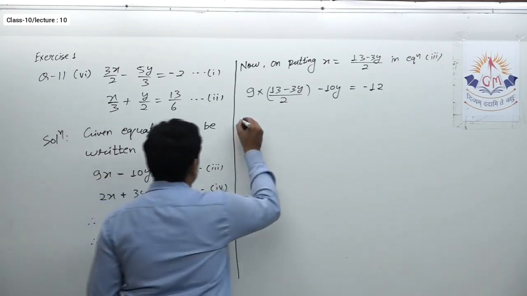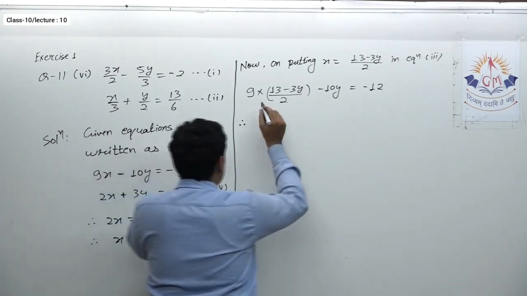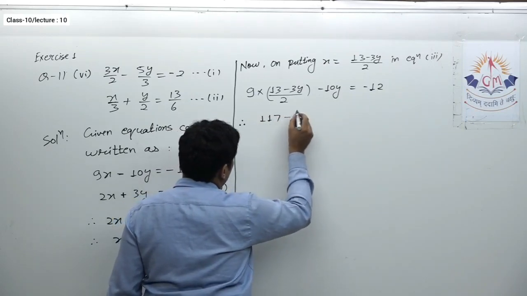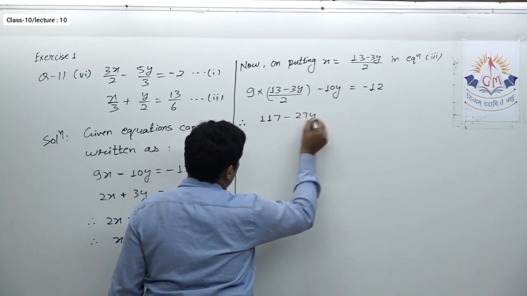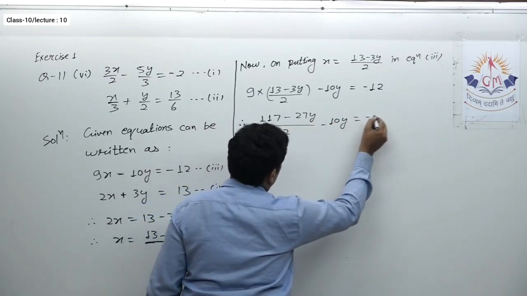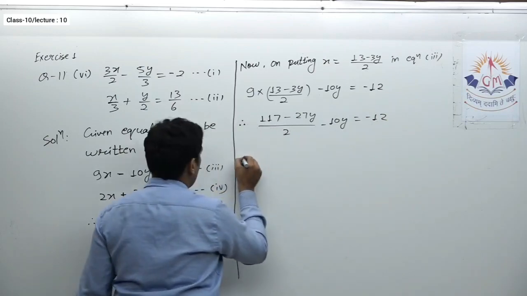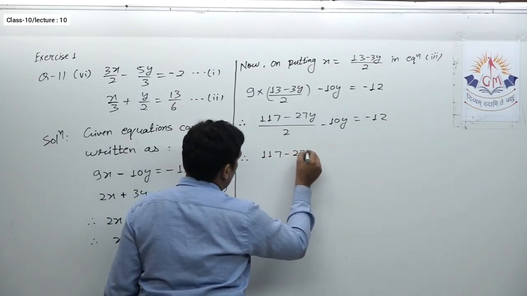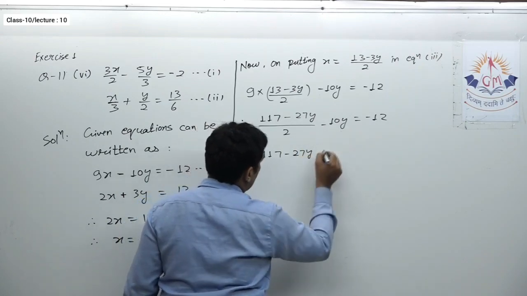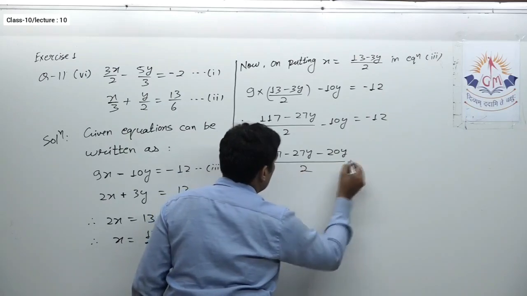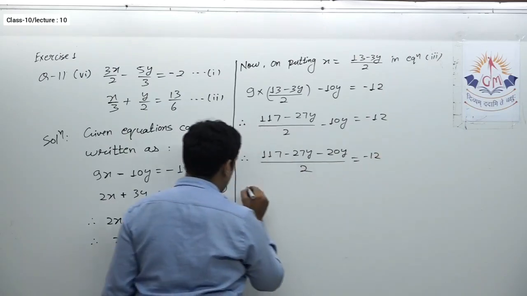Okay, so let us see. 9 times 13 is 117 upon 2 minus 10y is equal to minus 12. So 117 minus 27y, and here it is minus 10y times 2, so it becomes minus 20y, whole upon 2 is equal to minus 12.